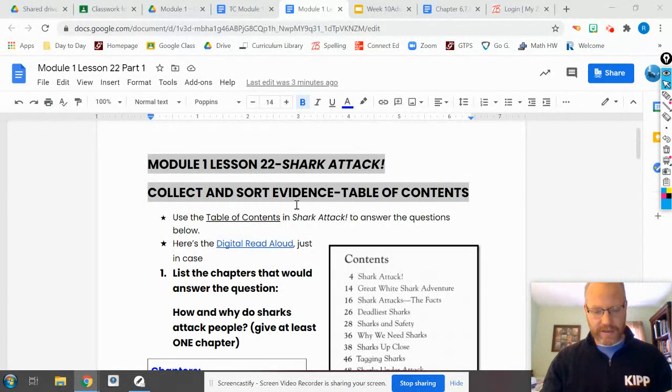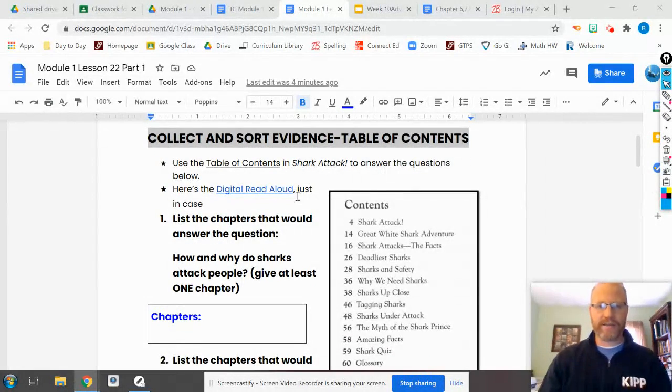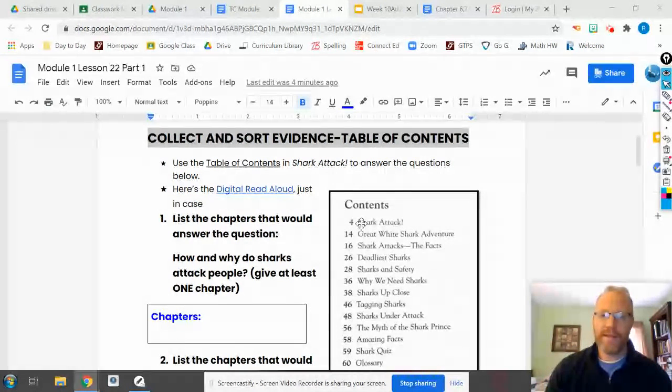So as you get to know the idea of a table of contents, you start to realize that the table of contents tells you the contents of the book. So the contents of this book is all about sharks, obviously, but then you could say, okay, the contents of that first chapter is about a shark attack. The contents of the second chapter is a great white shark adventure.